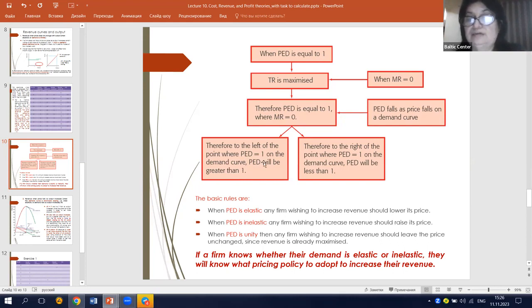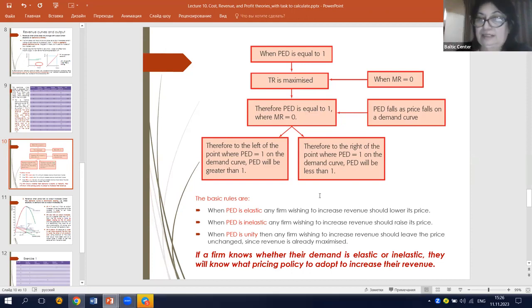Therefore, to the right of the point where PED equals 1, on the demand curve, PED will be less than 1. The basic rules are: if PED is elastic, any firm wishing to increase revenue should lower its price.